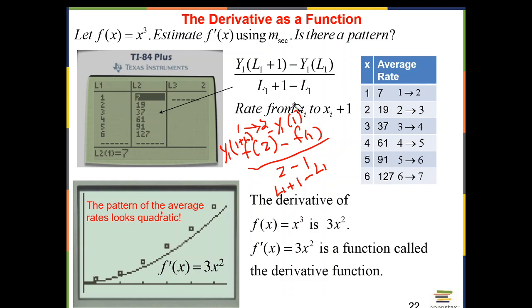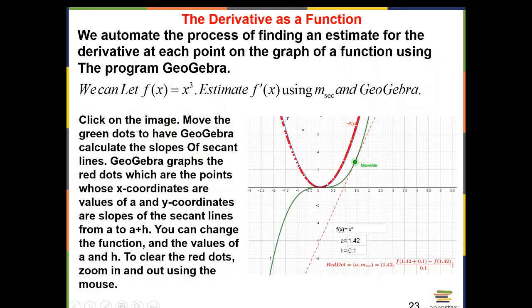So in order to be close to the derivative, we have to increase the closeness of these points. So we have to go to 2 points really close to each other, right? In order to be able to find the function that the calculator has. So that is the derivative function.